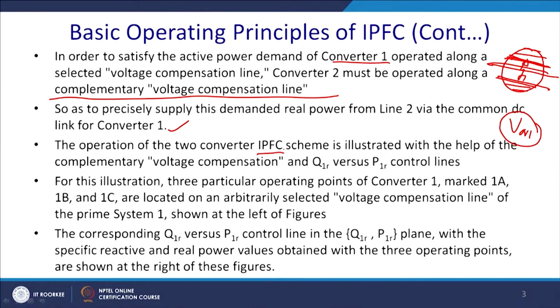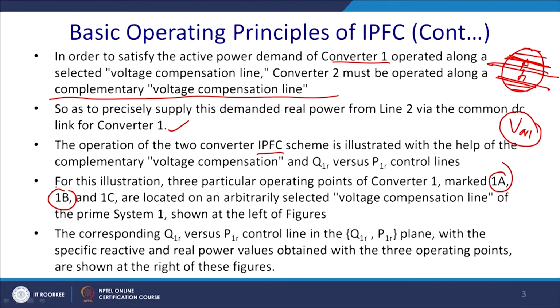The operation of the 2-converter IPFC scheme is illustrated with the help of the complementary voltage compensation of Q1 versus P1 of the control line, which we will see in the next slide. For this illustration, let us take some examples: 3 particular operating points of converter 1, marked A1, B1 and C1, located on an arbitrarily selected voltage compensation line.